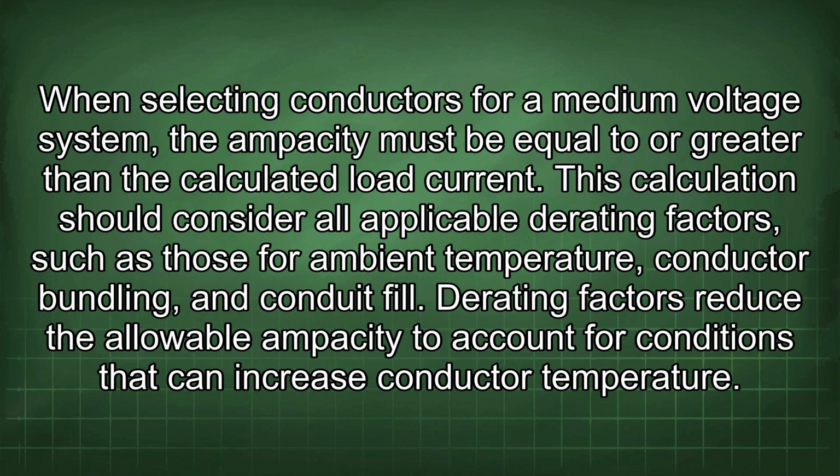When selecting conductors for a medium voltage system, the ampacity must be equal to or greater than the calculated load current. This calculation should consider all applicable derating factors, such as those for ambient temperature, conductor bundling, and conduit fill. Derating factors reduce the allowable ampacity to account for conditions that can increase conductor temperature.